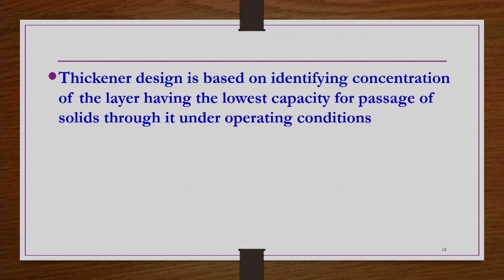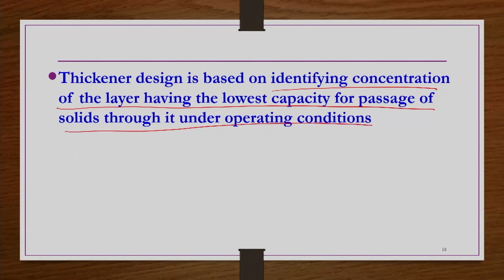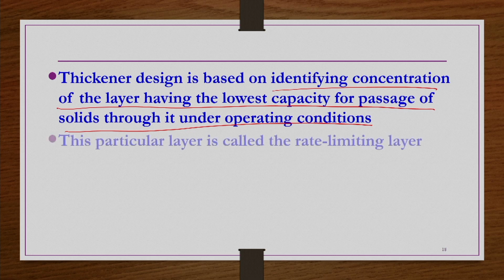So, thickener design is based on identifying the concentration of the layer having the lowest capacity for passage of solids through it under operating conditions, right. We have to identify a layer which has the lowest capacity for passage of solids under whatever operating conditions we are taking. Based on that, this work progresses.